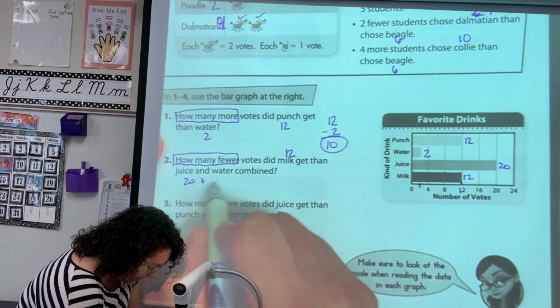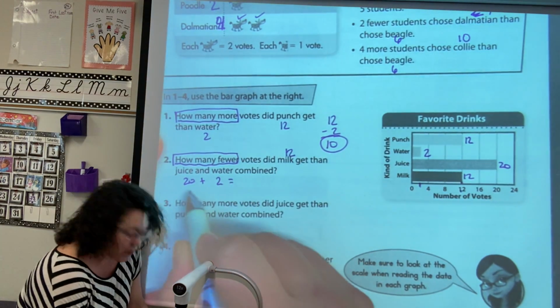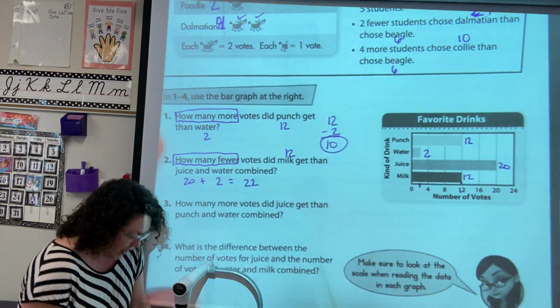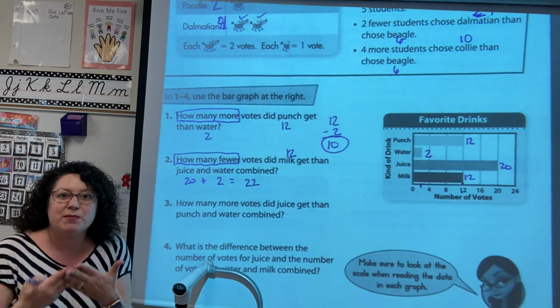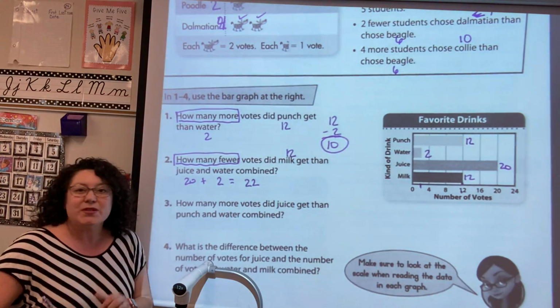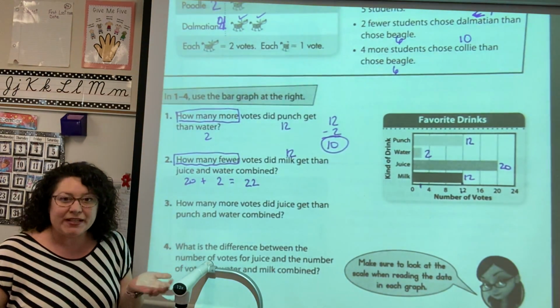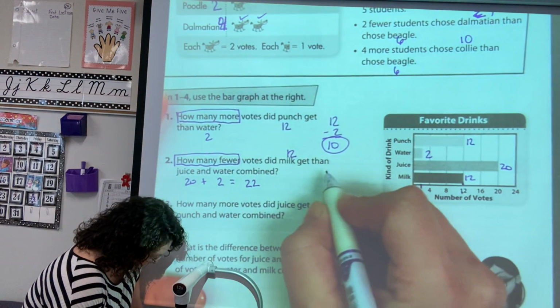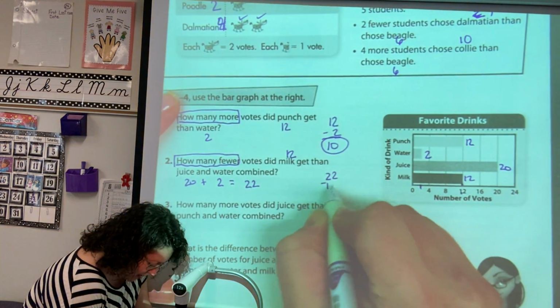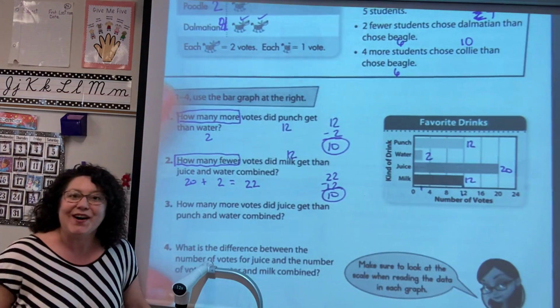And Water got 2. So Juice and Water together got 22, because remember, combined is putting together. You have to read the whole problem. So it says how many fewer? So again, we are going to subtract. 22 minus 12 is also 10.